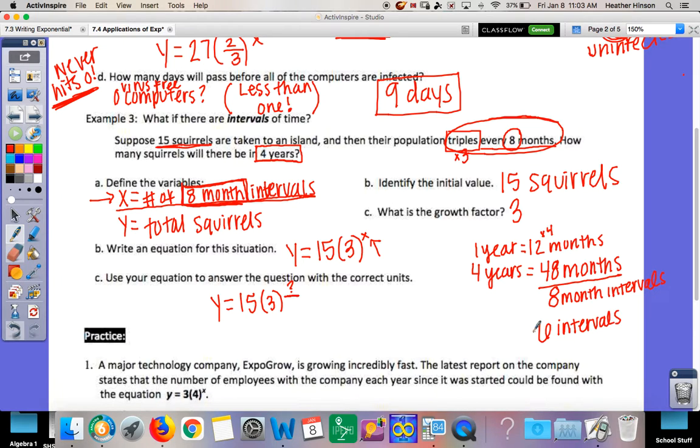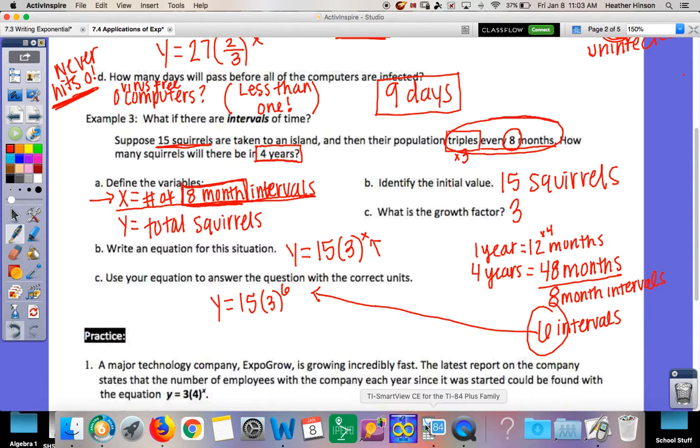That's what we're going to plug in to x. So we're going to plug in 6. So change your years to months and then split it up among those intervals. We have 8-month intervals, so we just divide by 8 and we get 6.